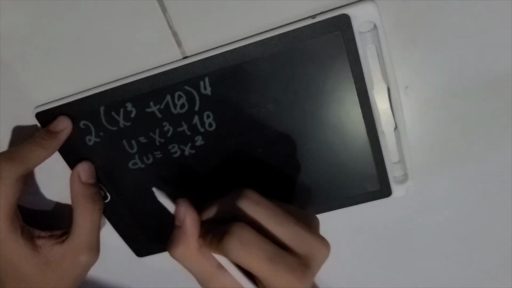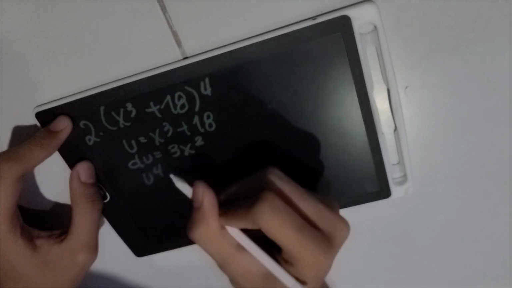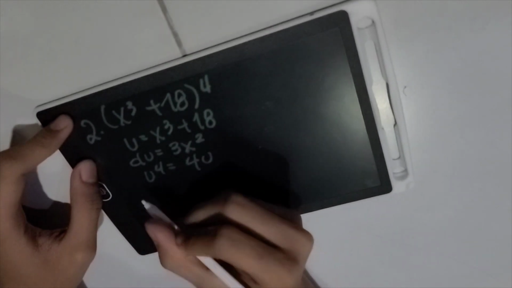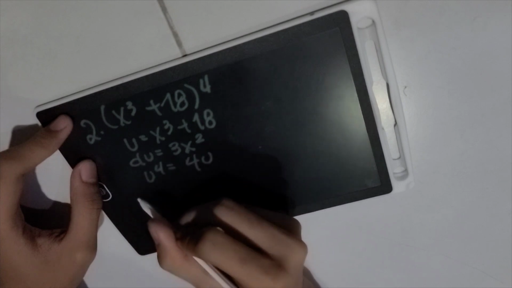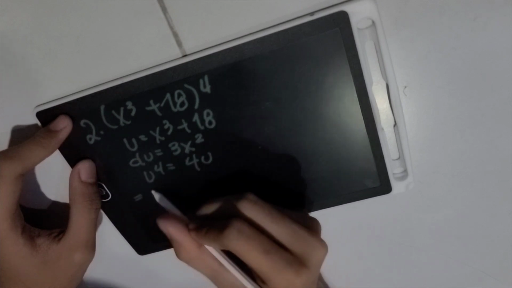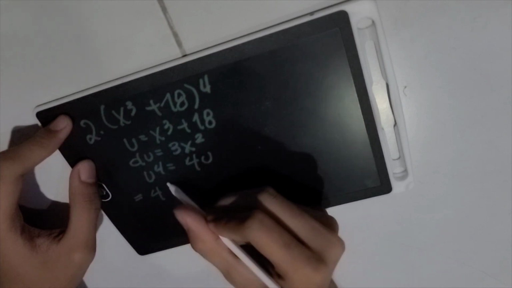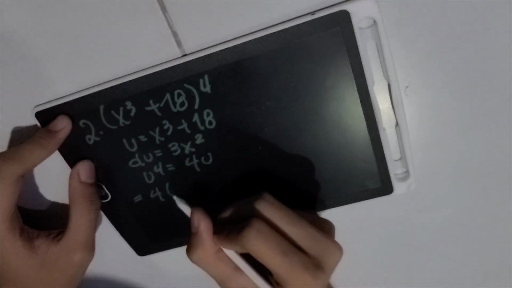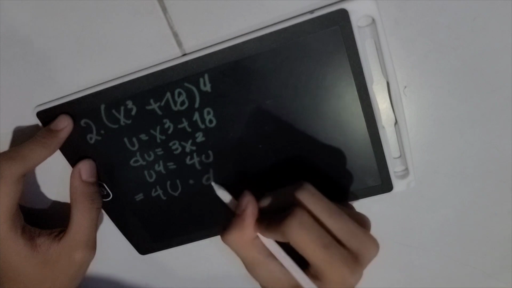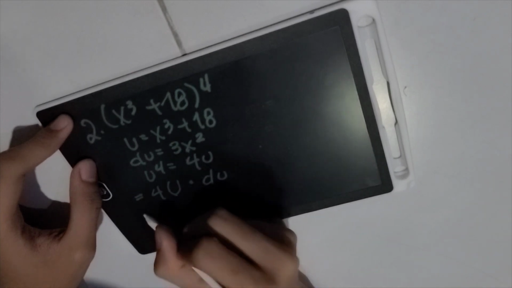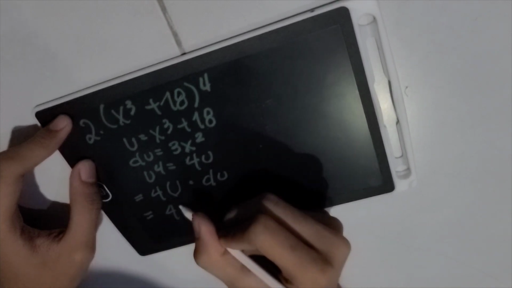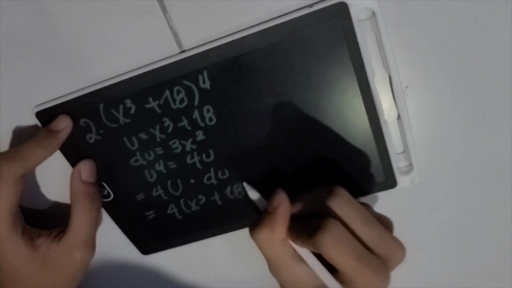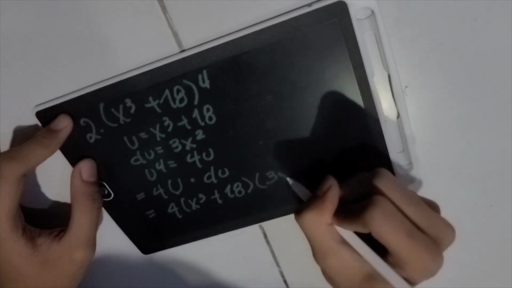So, u raised to 4 magiging 4u. So, bago natin ay magiging ganito siya. 4 multiplied by ang ating u and then multiply siya sa du. So, magiging ganito siya. 4 multiplied by x cubed plus 18 multiplied by 3x squared.